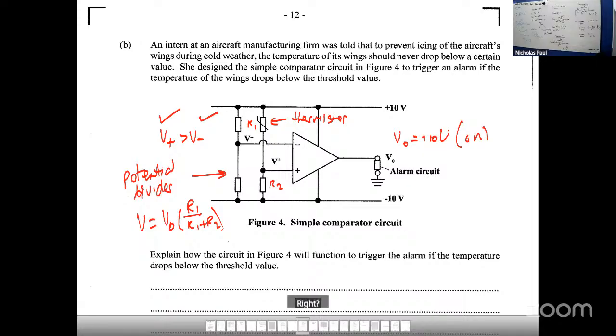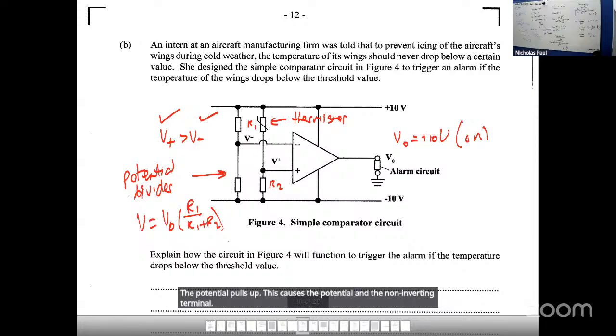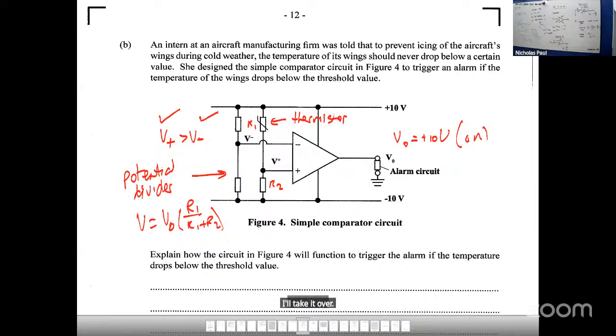This causes the potential at the non-inverting terminal to be more than the voltage at the inverting terminal.